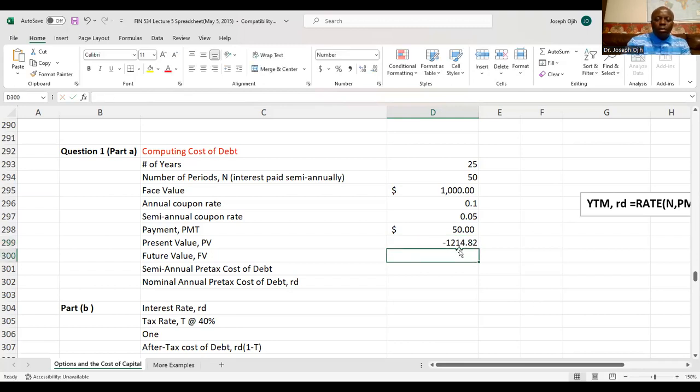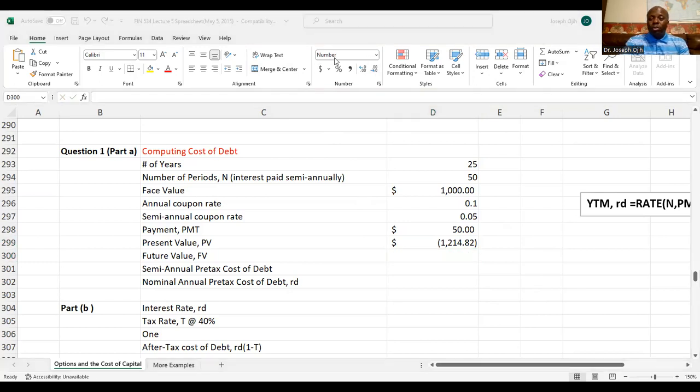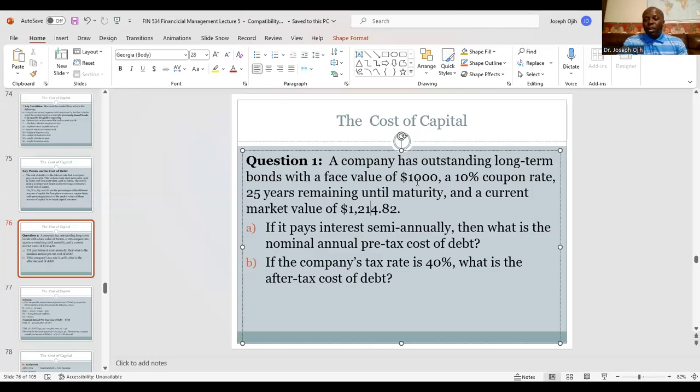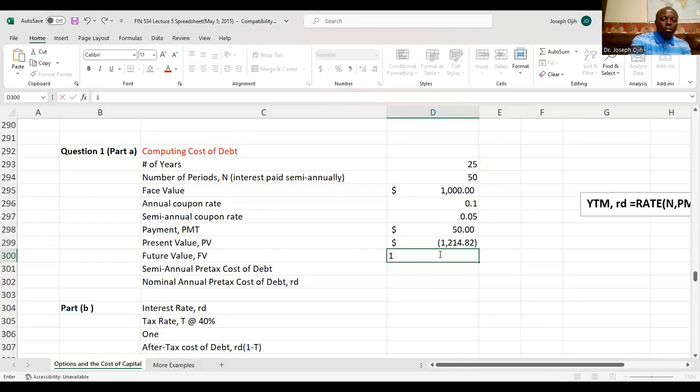Remember, it's a currency, so I'm going to make it dollars. Then the future value is the face value of the bond, how much it was when it was issued, of course, $1,000. I'm going to make it a currency because it's a currency.